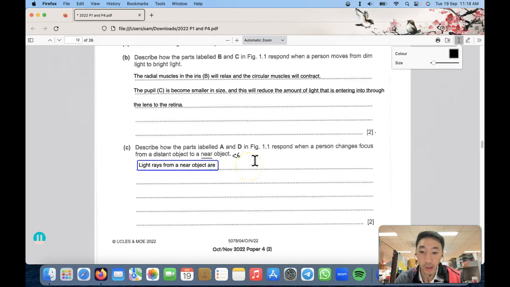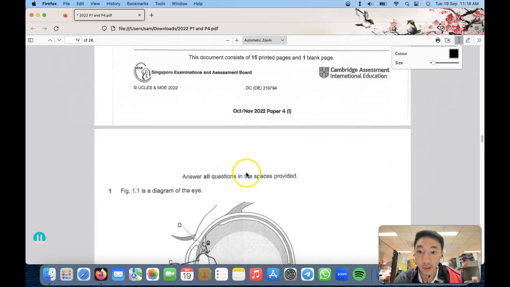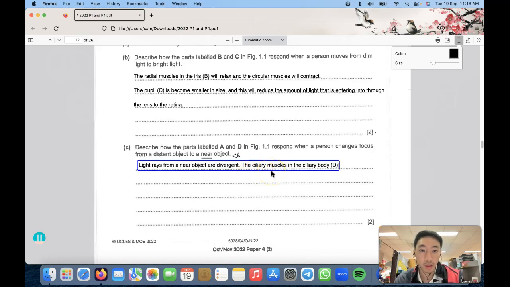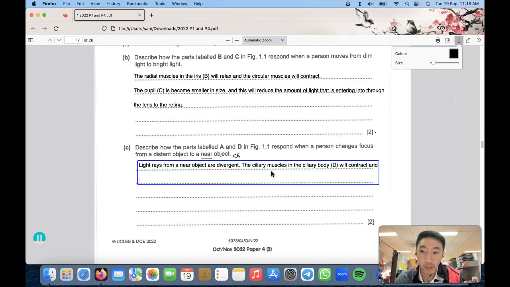Light rays are divergent. The ciliary muscles in the ciliary body, which is D, will contract and move nearer to the lens.